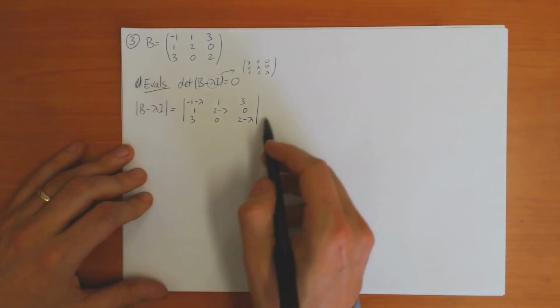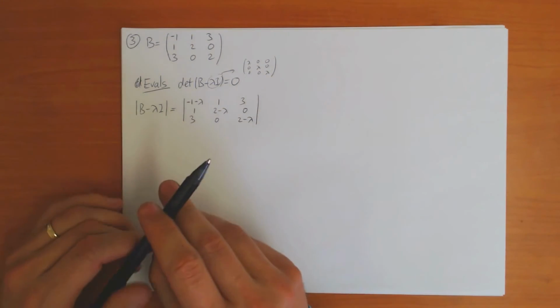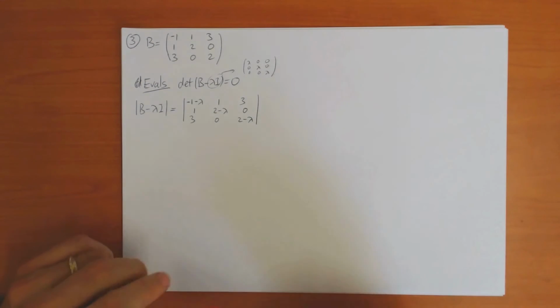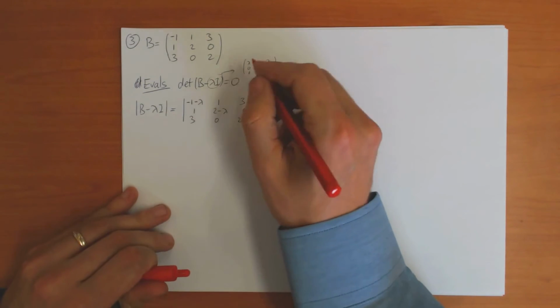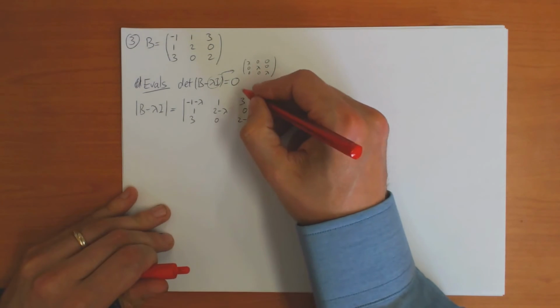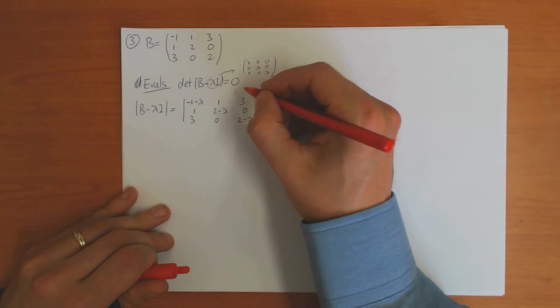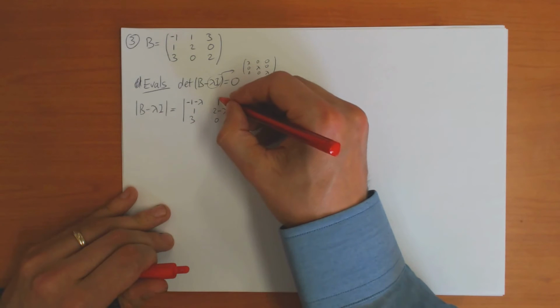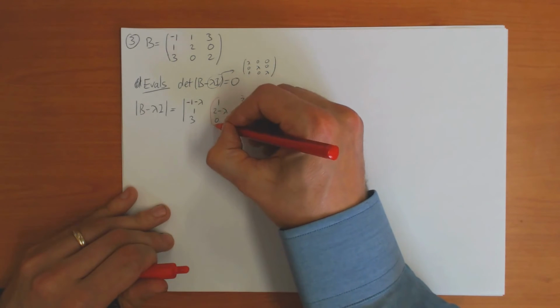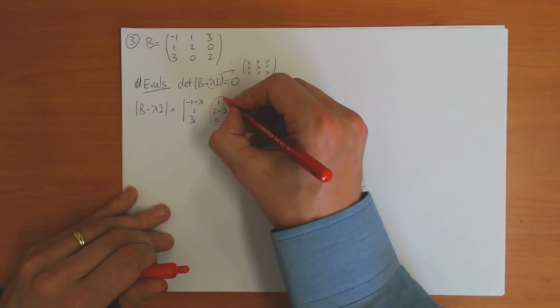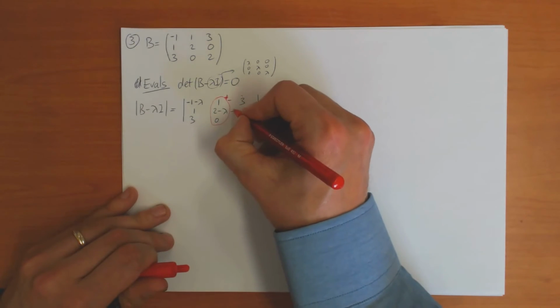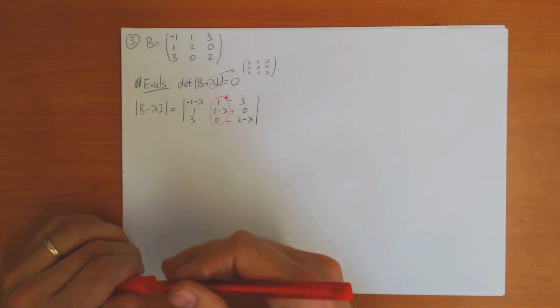Okay, so we need to calculate the determinant of this matrix. I can do this by expanding, and I think I'll take this one, and expand down here. And then remember the chessboard matrix has a minus for this one, a plus for this one, and a minus for that one.